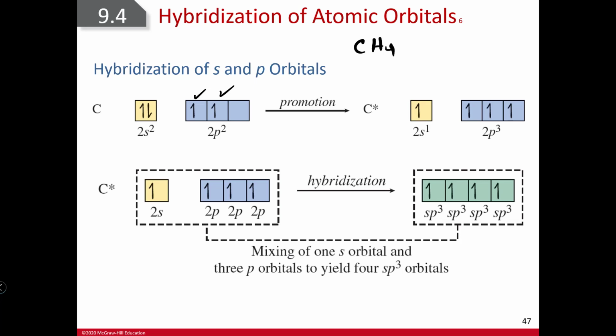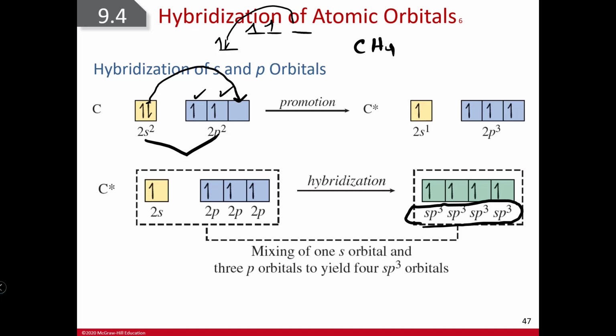Well, this electron has to jump up into the p, and we combine the s with the p so that they're all the same energy, and we get four sp3 orbitals. Otherwise, it's the s here, the p's up here. It doesn't make sense. Why would this want to jump up? Well, it takes energy to get that up there, right?